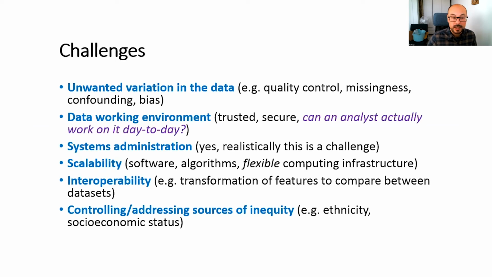You might consider missingness part of quality control. So data missingness is a major challenge. That's a whole area: ways of modeling missingness, imputing missingness, and how you best control it in your analyses. How we deal with confounding and bias is a major factor, and I think that also speaks to analysts understanding the study design and how data has been handled in the lead up, right up until the data set itself makes it to the analyst desk.